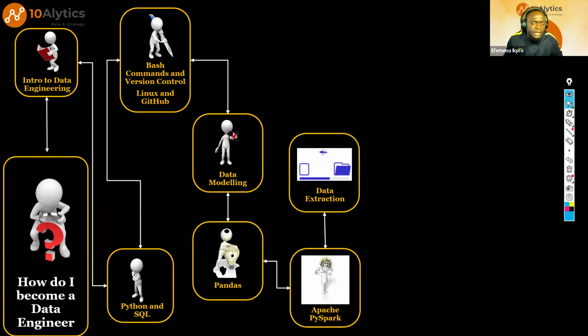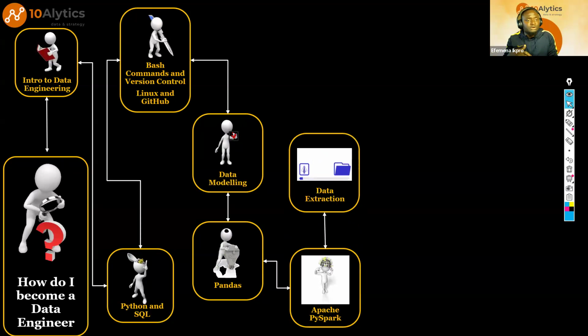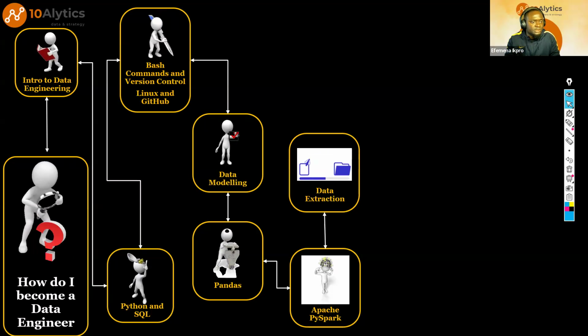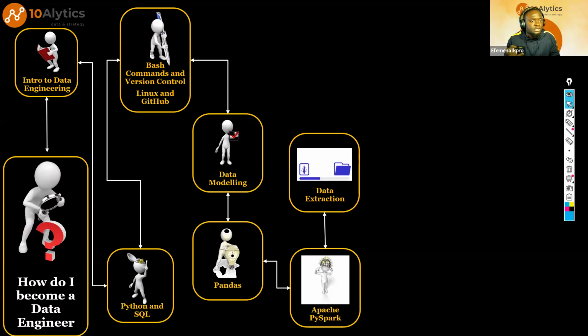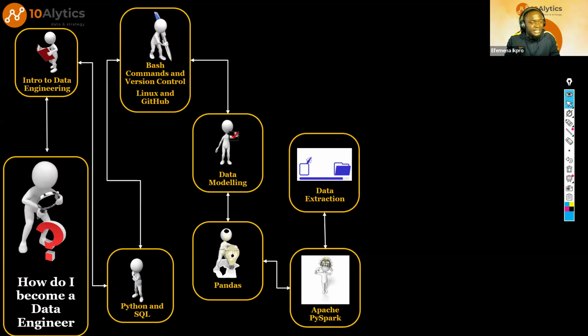We did a bit of data extraction today, web scraping. But that's just one of several other ways you can extract data from different sources. You can work with APIs. APIs definitely are one of the applications you'll be working with the most. You get to extract data from databases.